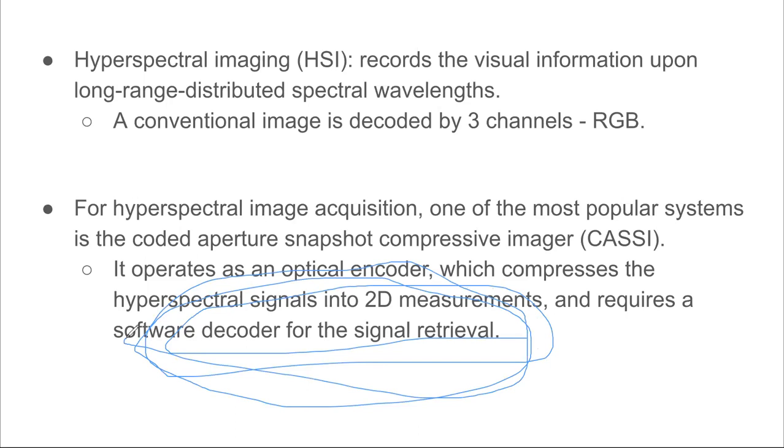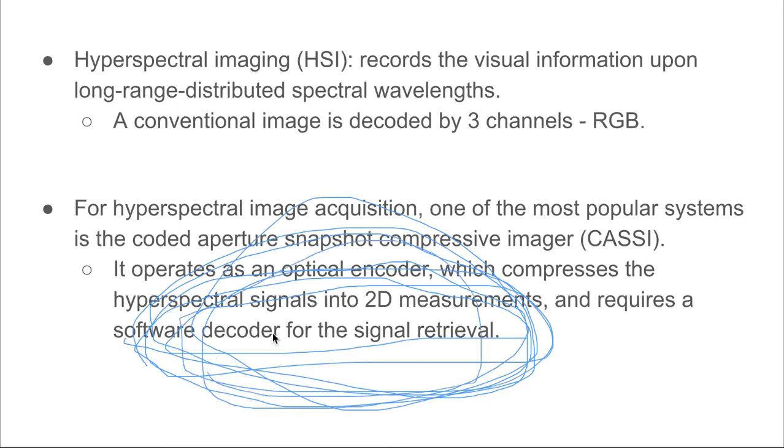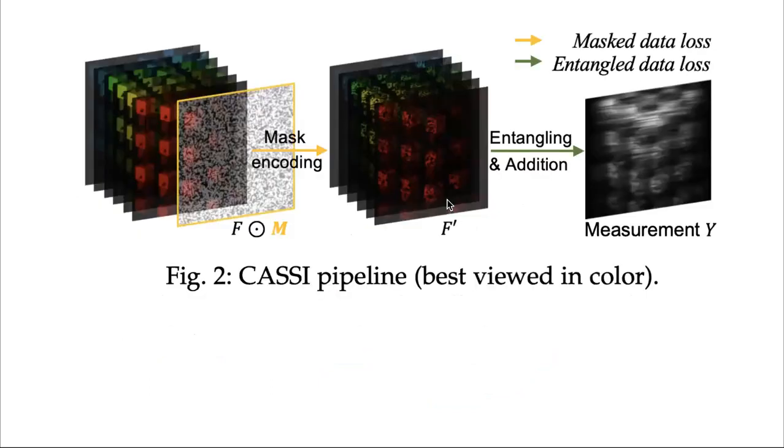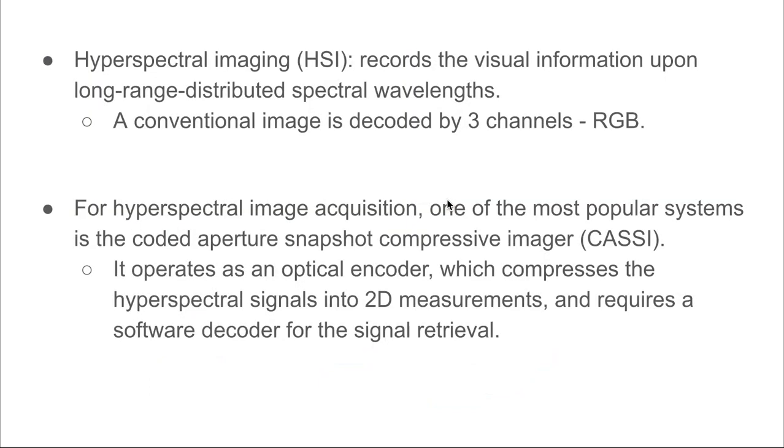We are trying to reconstruct something, and that's the main thing. Here we actually have lots of different models now, mainly using deep learning to do the reconstruction. Okay, so having introduced this background.